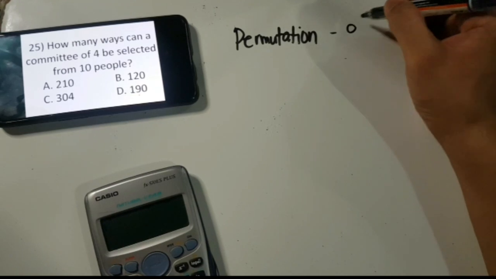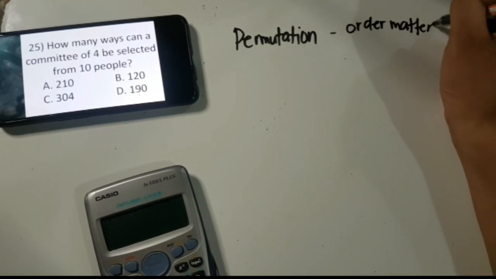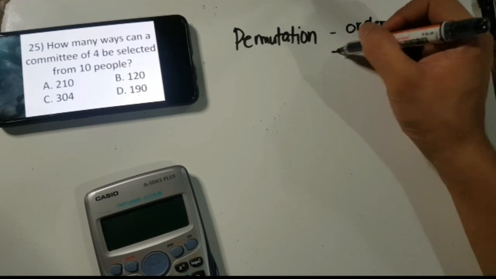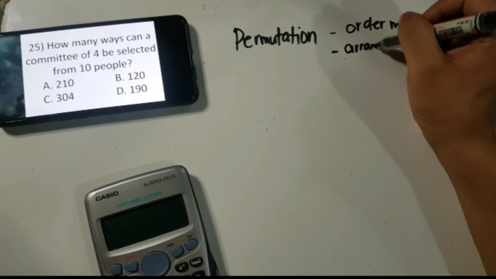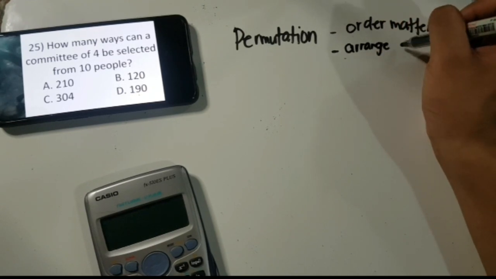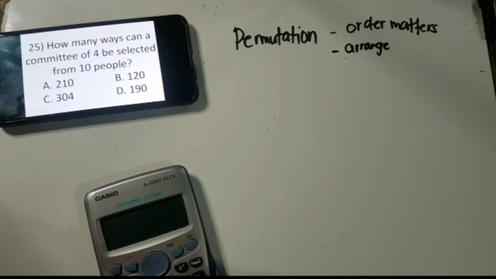So, sa permutation, the order matters. So, of course, yung arrangement mahalaga. So, ang keyword nyo doon usually is to arrange. Ito po yung keyword nyo kapag nasa problem is permutation.